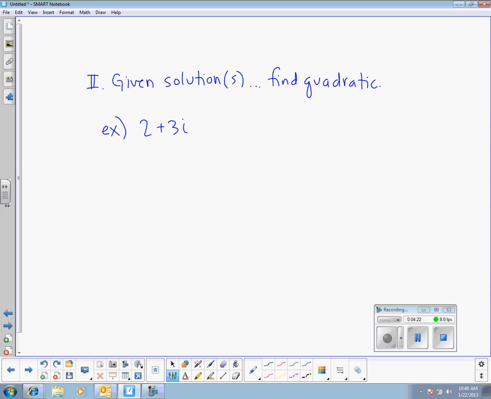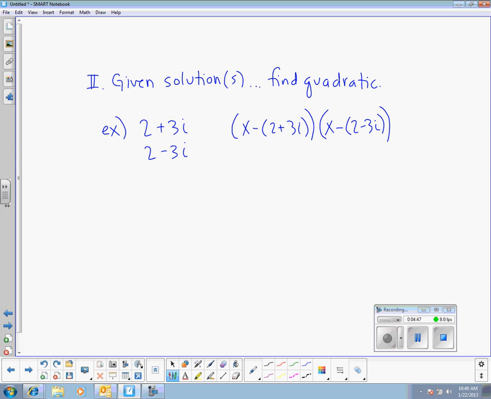So if they tell you one, a fact about imaginary solutions is they come in conjugate pairs. Now, here's the way I would approach this problem. Just like you did with those two real numbers, subtract both of those from x. Remember that when you subtract those, the negative has to distribute to both parts.